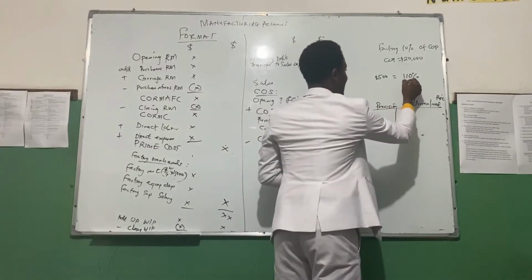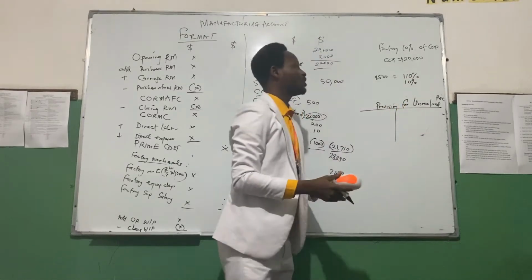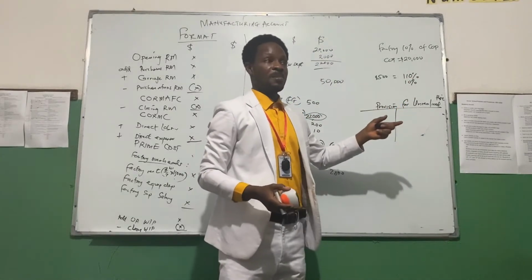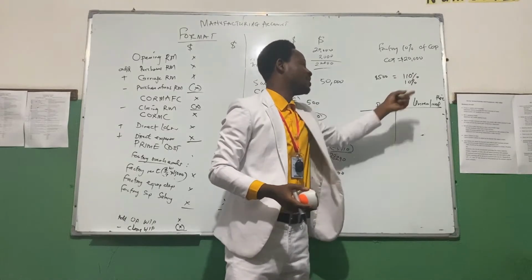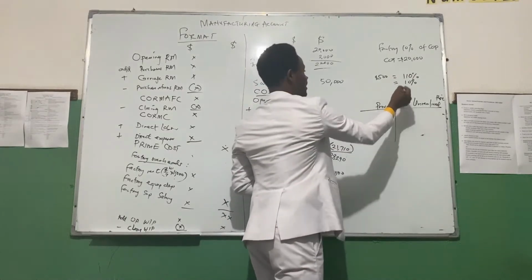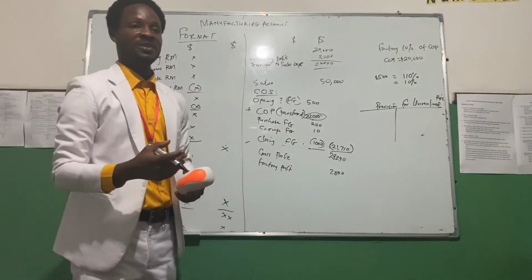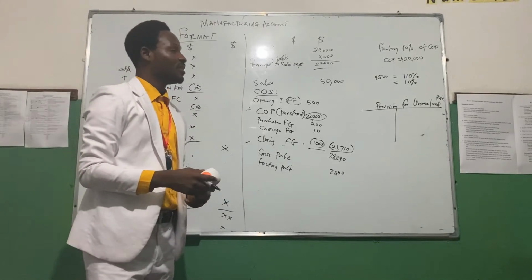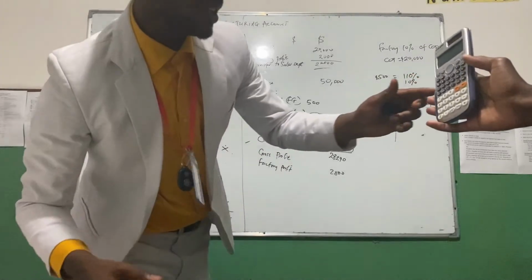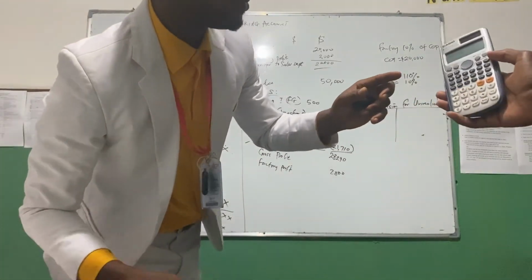So what is the 10%? We just cross multiply. 500 times 10 divided by 110 will give us the answer. Let me see: 500 times 10 divided by 110 is $45.45.